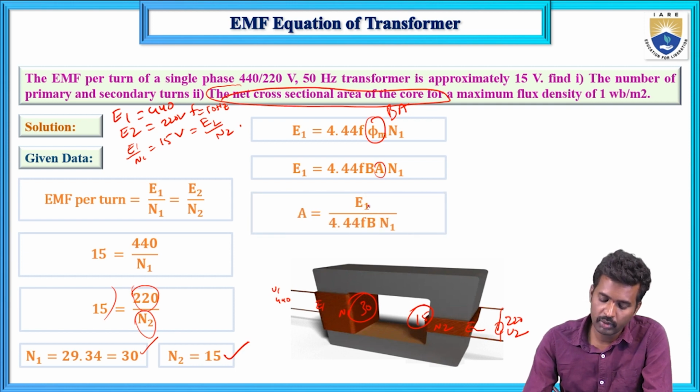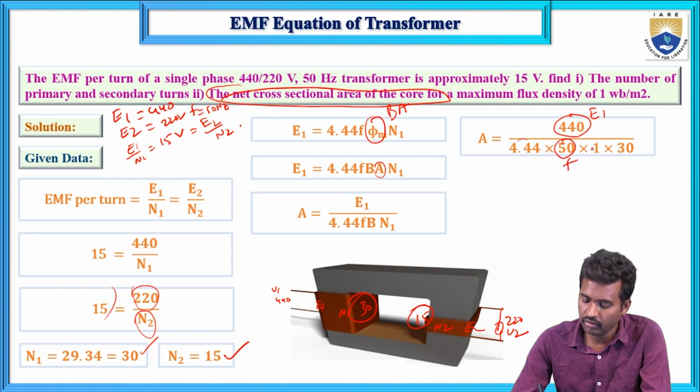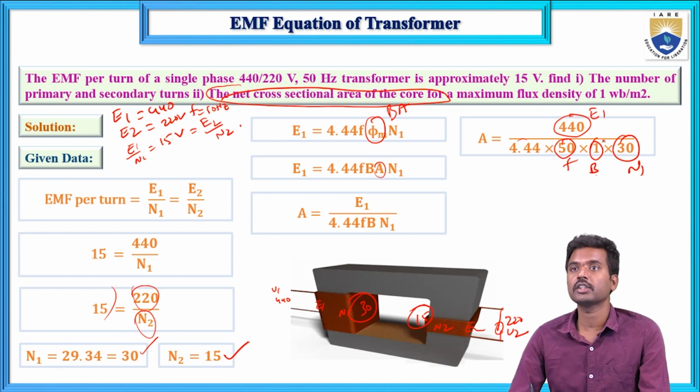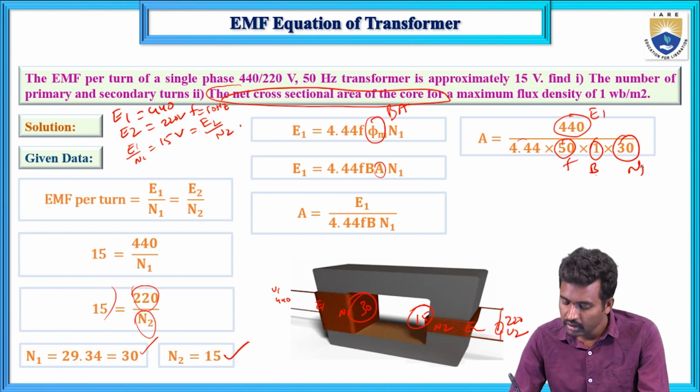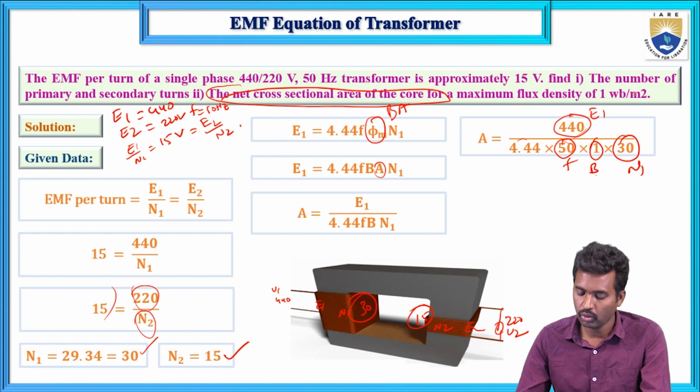Now A equals E1 by 4.44 F B N1. Here F equals 50 and flux density equals 1 and N1, the primary number of turns, is 30, and E1 equals 440 volts.